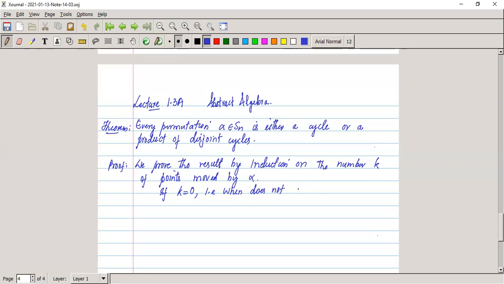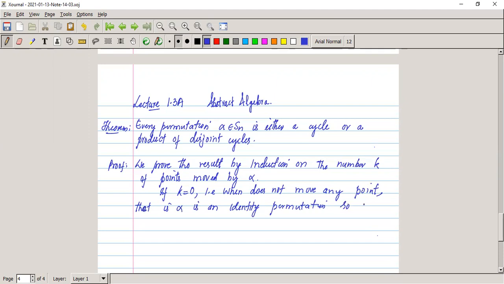So this means that the permutation alpha is an identity permutation, and an identity permutation is a one cycle.